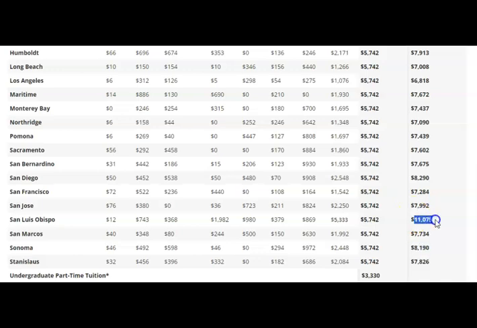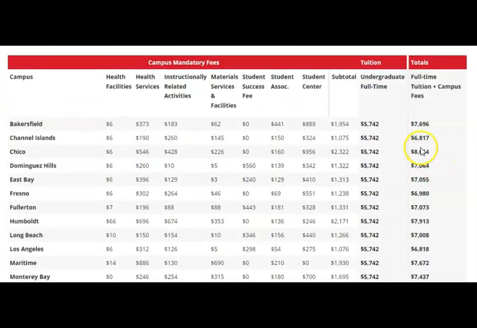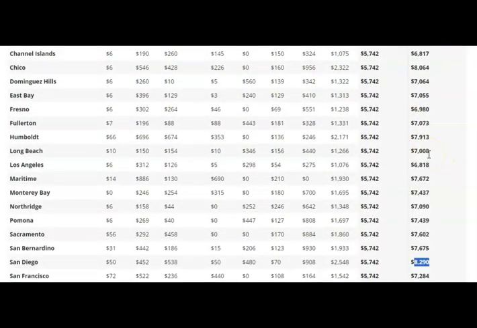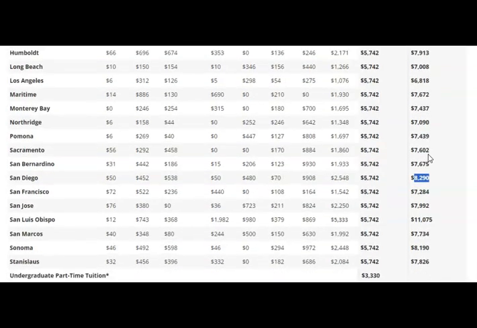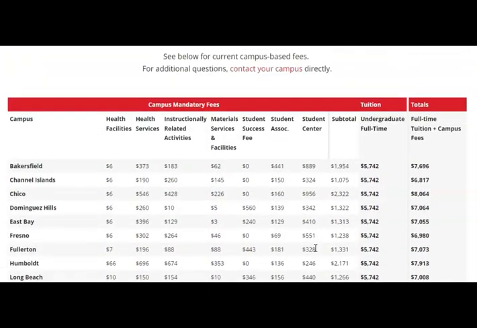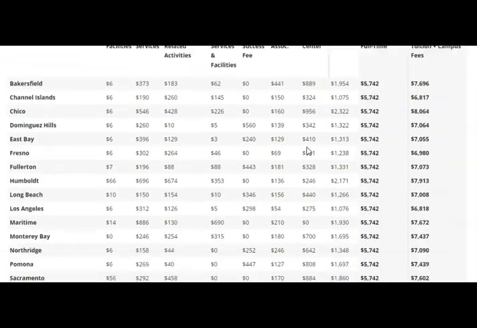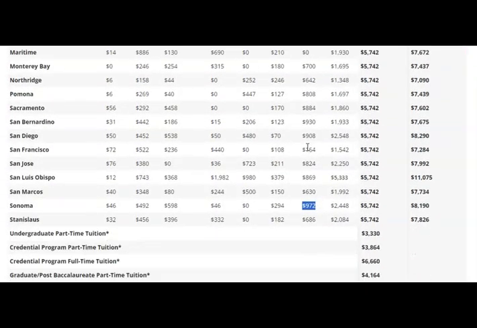You have Cal Poly San Luis. You have San Diego State just by a little, and Chico, no, is not higher. So Sonoma State's fees are quite high. And you can see here, it's really that rec fee, student center fee. And that rec center was built over 10 years ago.